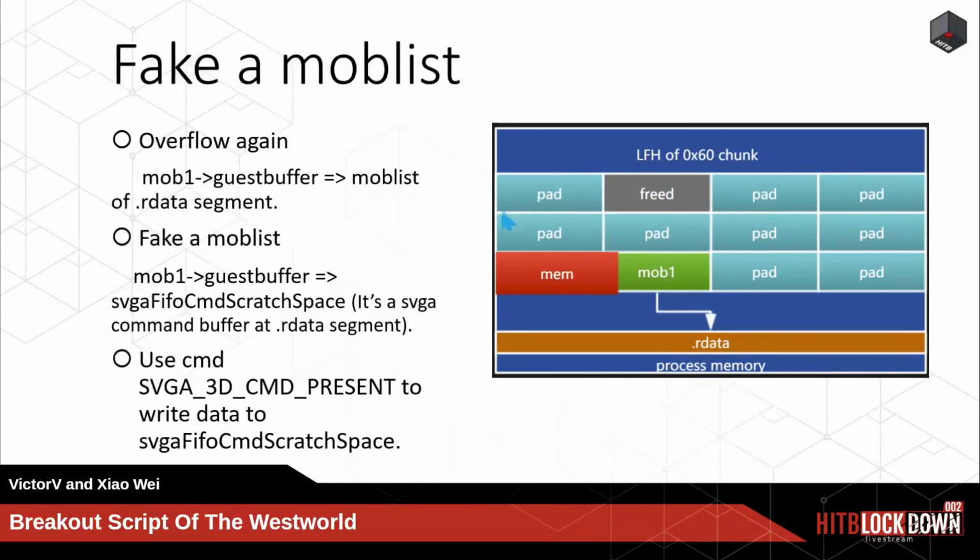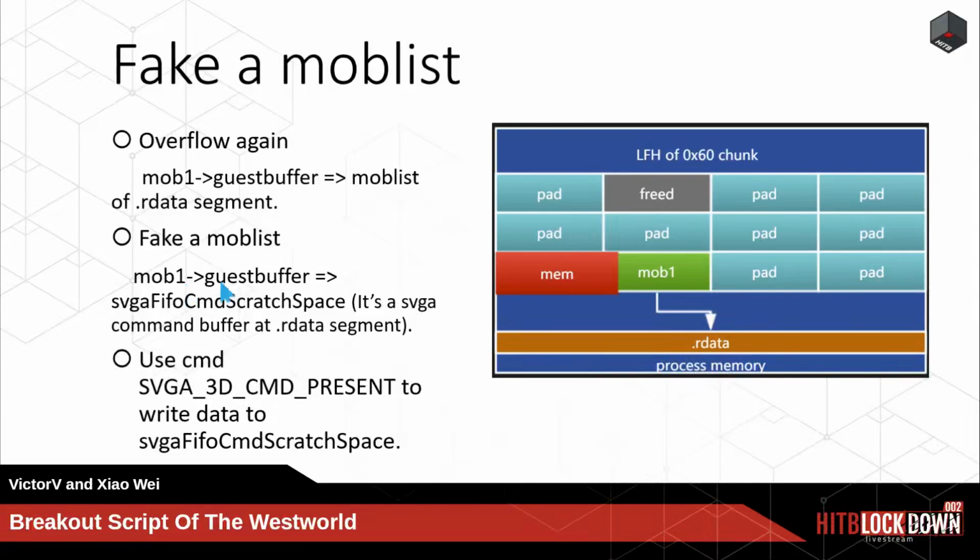Then, after leaking process-related addresses, we overflow again. We change the mob's pointer. Let it point to the mob list. Mob list stores the addresses of mob structures. It's in our data segment. Then we fake a mob structure.